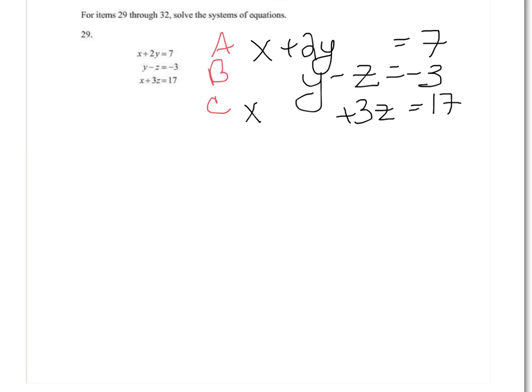let's say, take equation A minus C, I'm going to be left with just a y and z.